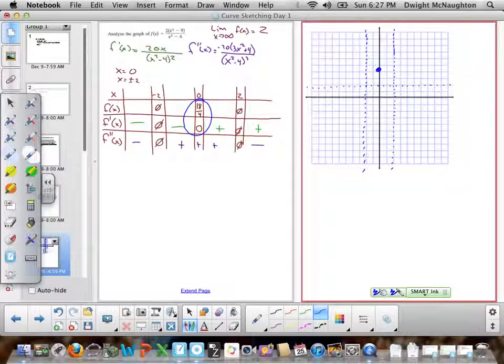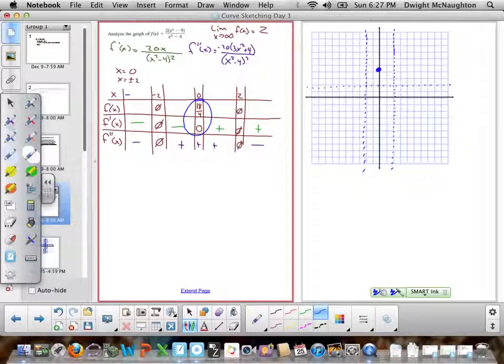Now, as we take a look at this, between -infinity and -2, what's happening? Well, the second derivative is negative. That means it's concave down like a frown. The first derivative is negative, so that means it's decreasing.